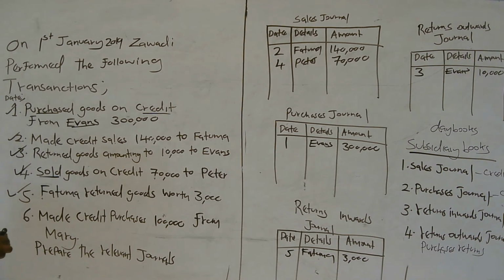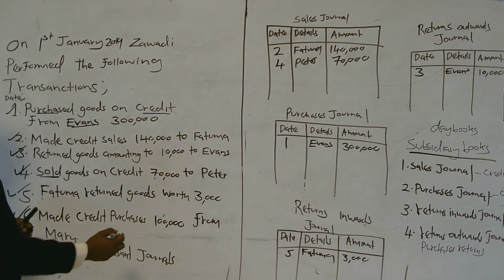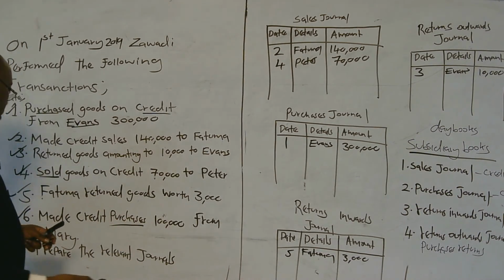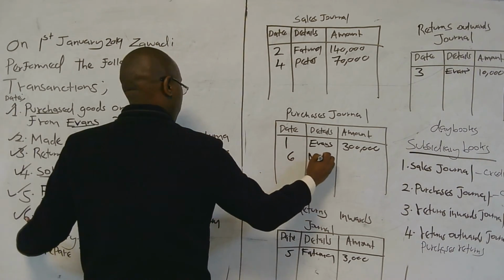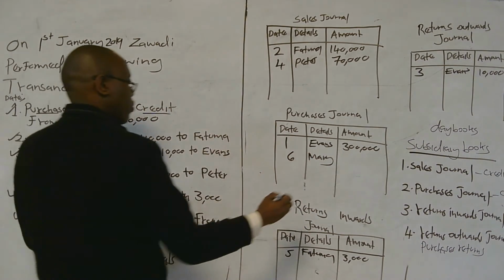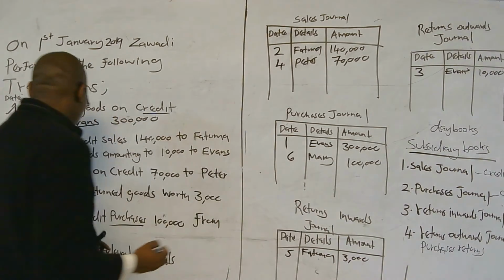And then we have this date 6, and the date 6 says made credit purchases 100,000 from Mary. So that is actually the purchases journal, because you can see it was credit purchases. So you're going to write date 6, and then you write Mary, and the amount was 100,000. So you're going to capture this 100,000 in that particular manner.